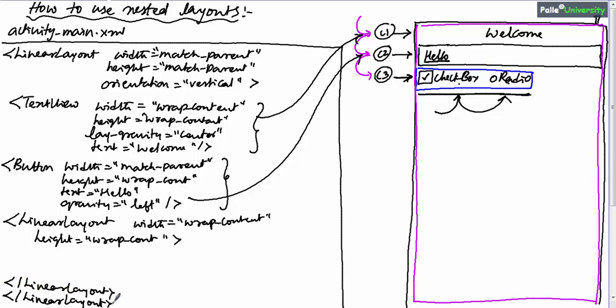Now here you may get one doubt: why are we omitting orientation? Do I have to give the orientation property here? No, because by default the orientation of linear layout is horizontal. Since we need horizontal linear layout, it is not mandatory to specify the orientation property.